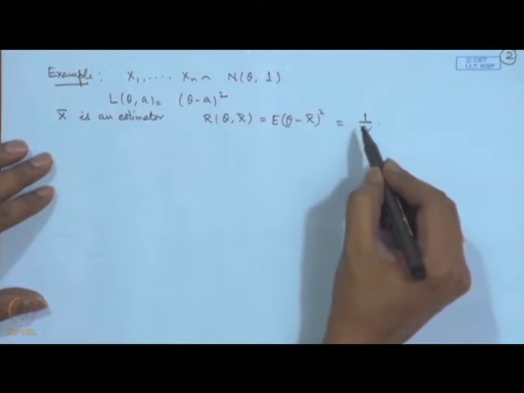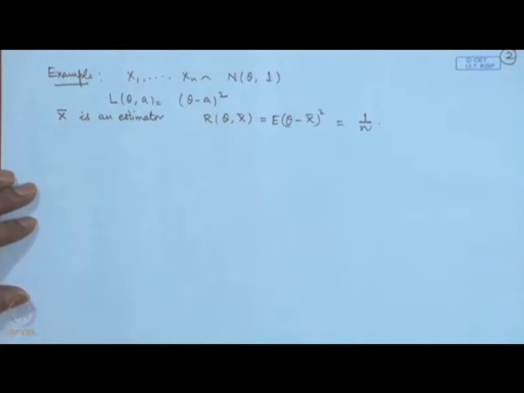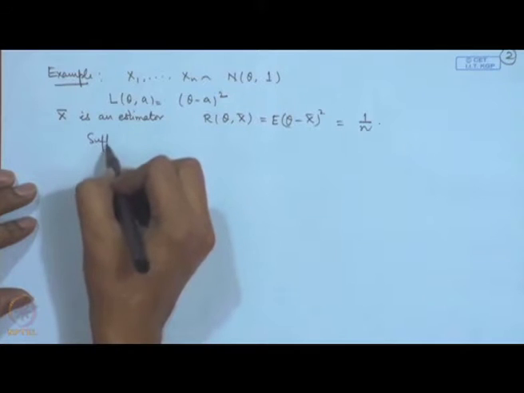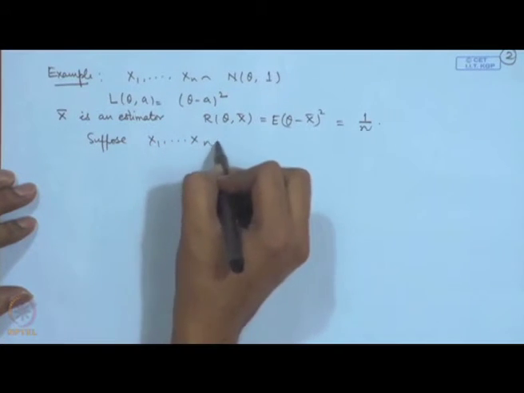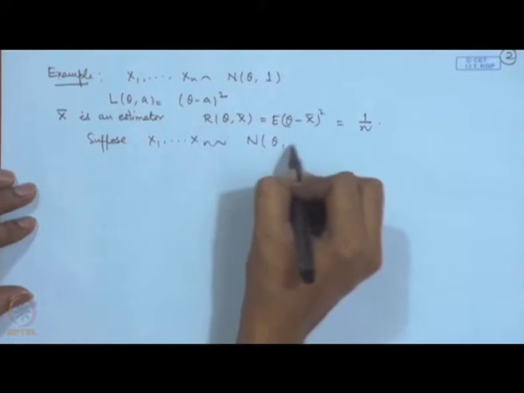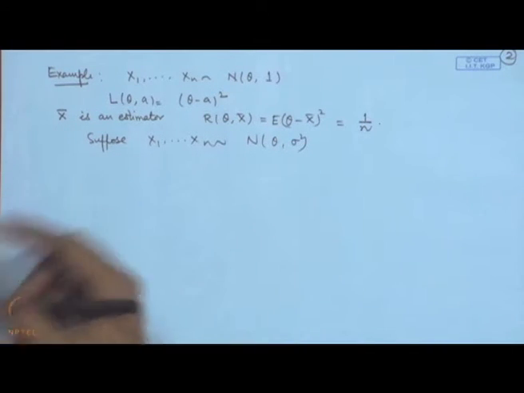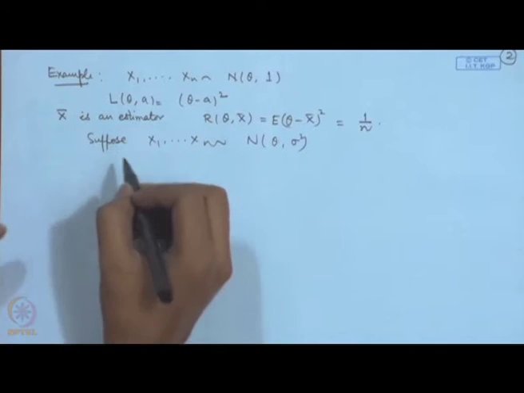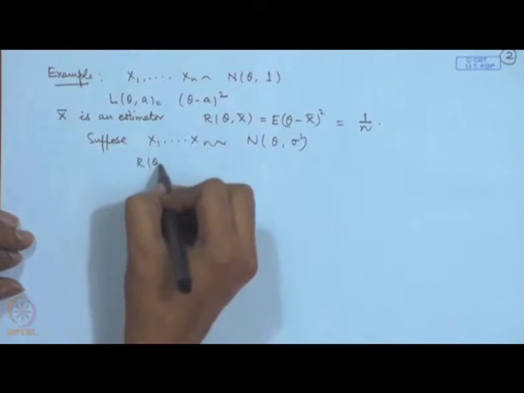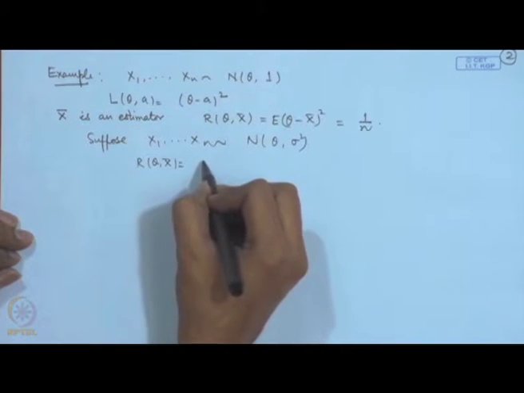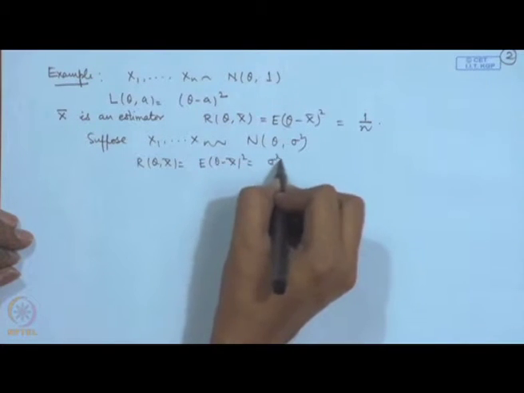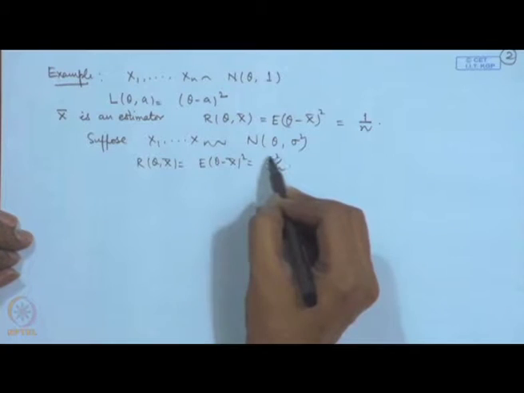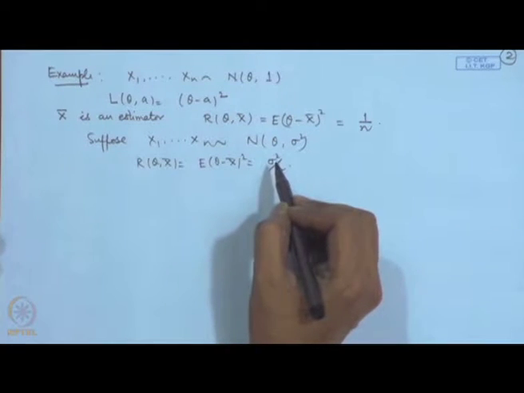This is a constant value. Suppose in place of normal theta, 1, we had normal theta, sigma square and we had considered the same loss function. In that case, R theta, x bar will be equal to expectation of theta minus x bar, whole square, which is equal to sigma square by n. So, it becomes a function of the parameter.